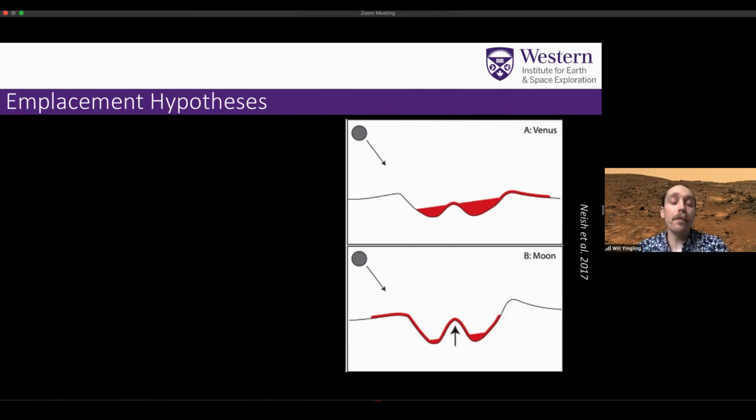To introduce the problem, as I mentioned earlier, we're looking to see how melt goes from inside the crater to outside the crater. And so we have two emplacement hypotheses that have been established for the moon and for Venus.